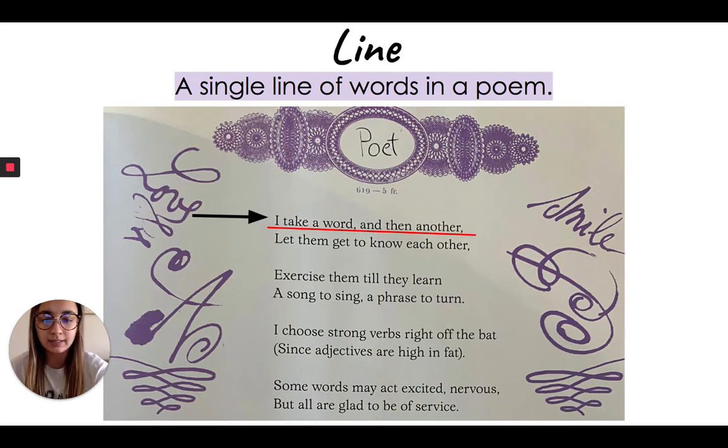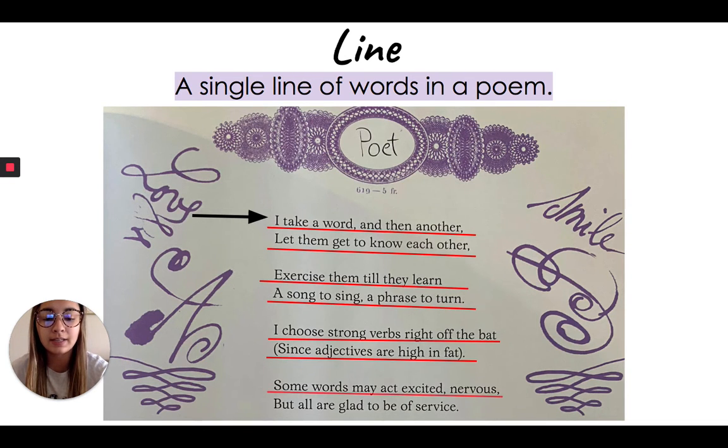So this line says, I take a word and then another. So this poem has 1, 2, 3, 4, 5, 6, 7, 8 lines in it. Like I said, most poems, if not all poems, will have lines.